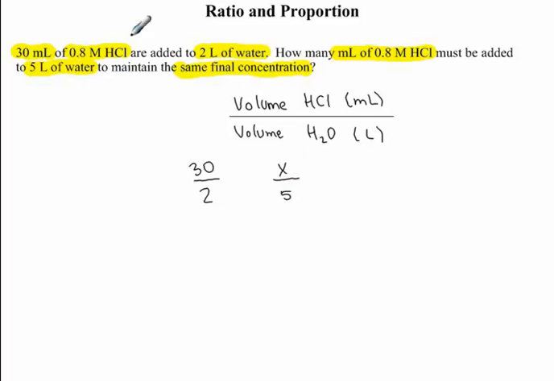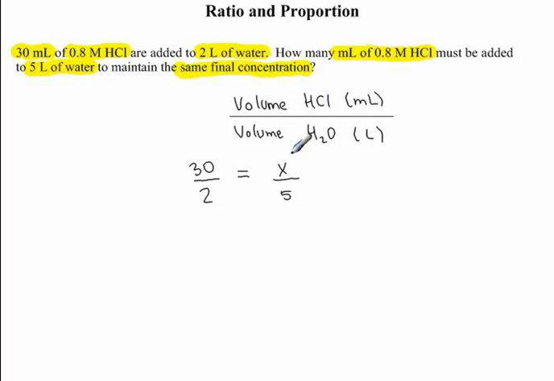Now, because we have the same molar concentration of our acid, 0.8 and 0.8, in order to maintain the same final concentration, we need to have these two ratios equal to each other. Because obviously if this one has more water, it's going to need more volume of HCl in order to have the same final concentration as our first solution.